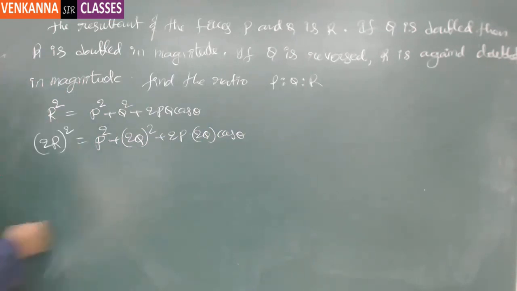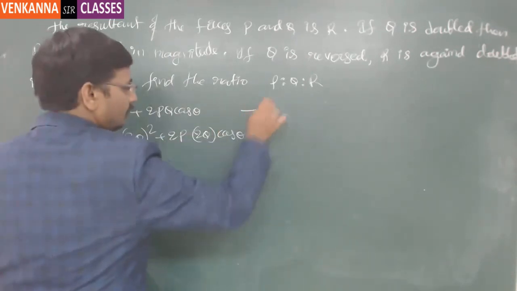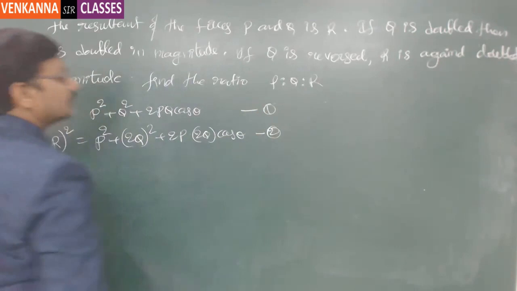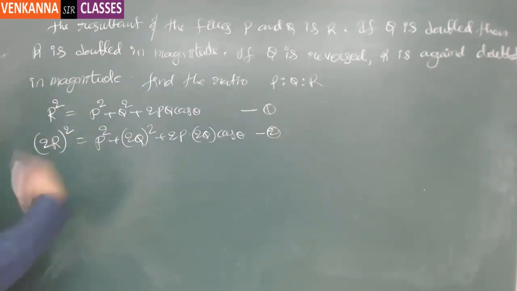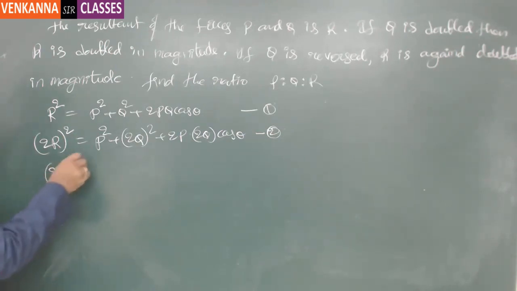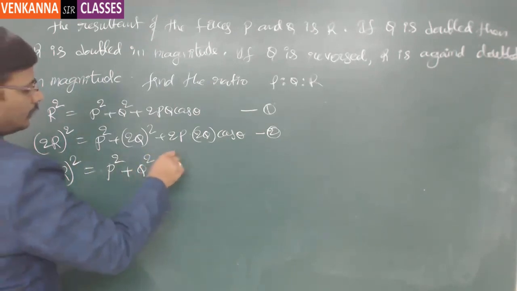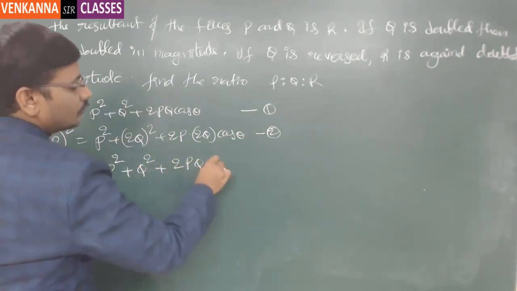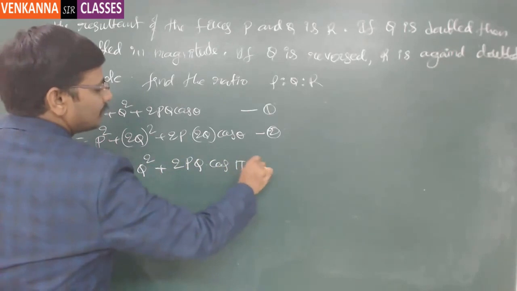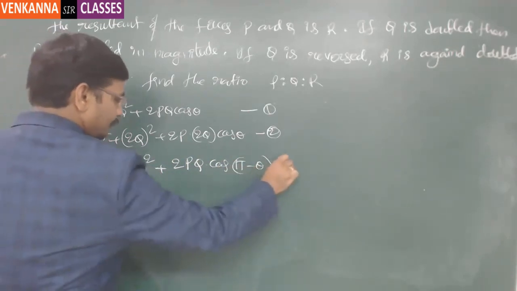This is equation number 1, this is equation number 2, and the third equation is: Q is reversed, but the magnitude is the same. That means again R is doubled. P² + Q² + 2PQ cos(π − θ), because it is reversed.